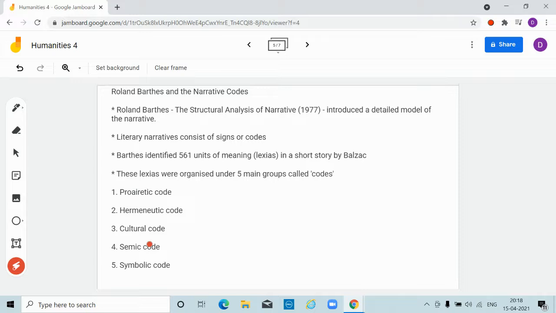So, in stories and narratives, you might come across certain cultural codes that are specific to a region, to certain people, to certain communities. That is what's meant by cultural code.